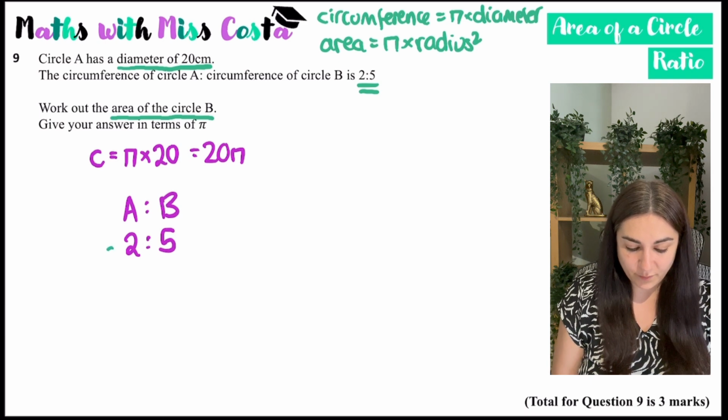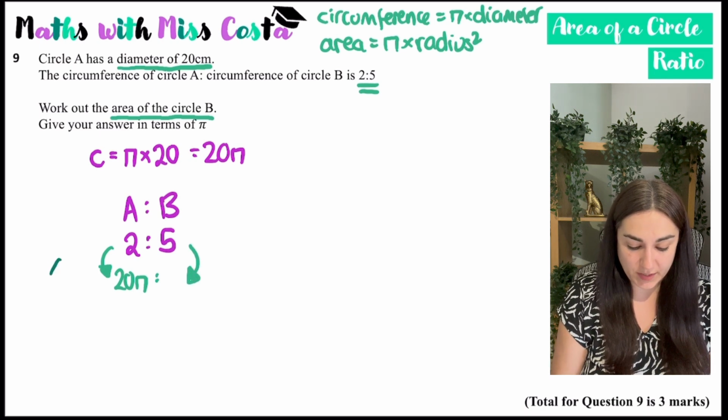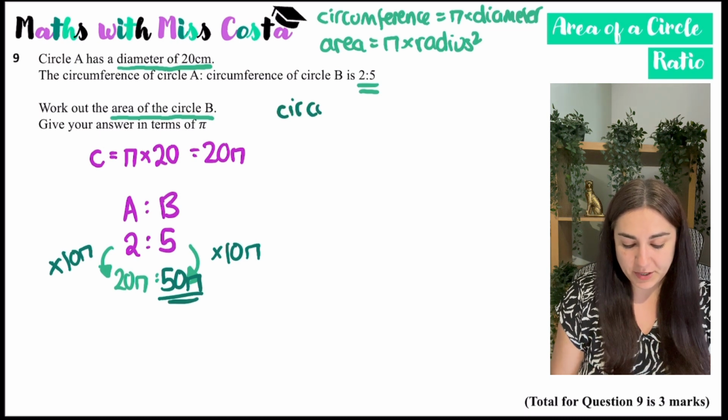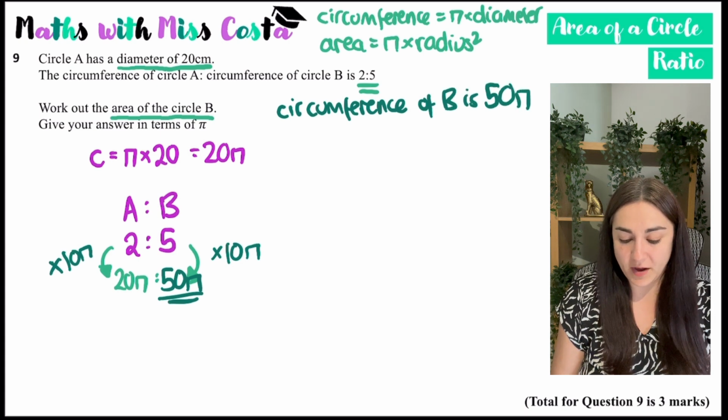So if the circumference of circle A is 20 pi, that must mean that the circumference of circle B, what have I done to 2? I've multiplied it by 10 pi. So I'm going to have to do the same on this side. So the circumference of circle B would be 50 pi. So I know the circumference of B is 50 pi.